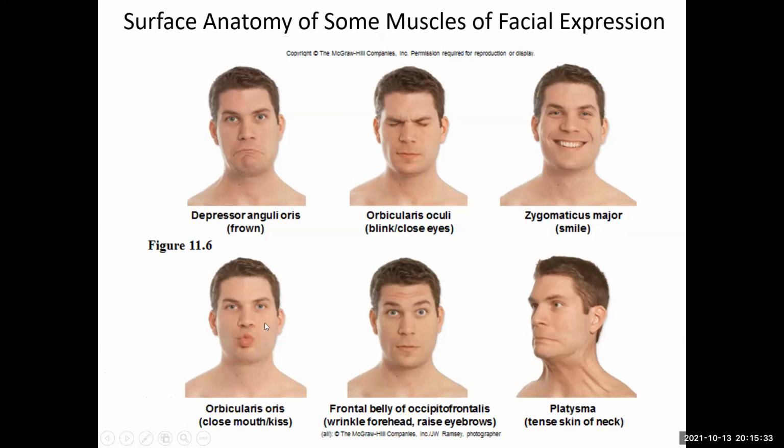All right, Orbicularis oris, here's the one in which he's puckering his lips, closing down the diameter of that opening to the mouth, right? The frontal belly of occipitofrontalis, also known as frontalis, contracting that will help to raise the eyebrows. And then here's platysma. I don't know why, I always get a kick out of this one.